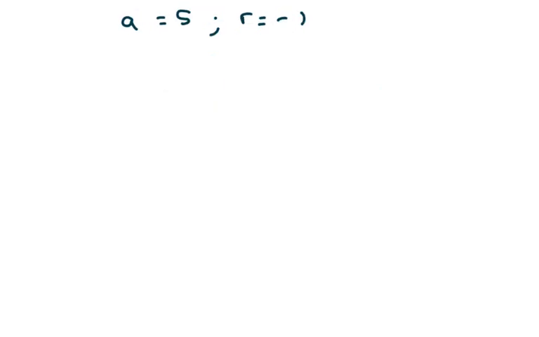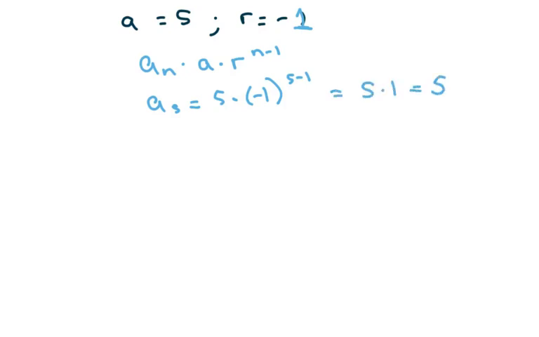Okay, the next one, this is negative 1, that's a 1. So we're using our formula, your first term times your ratio to the n minus 1. So our fifth term is going to be 5 times negative 1 to the 5 minus 1, which equals 5 times 1, which equals 5.